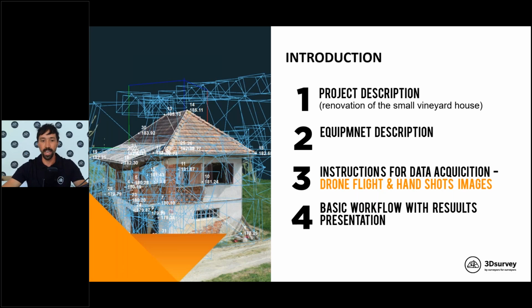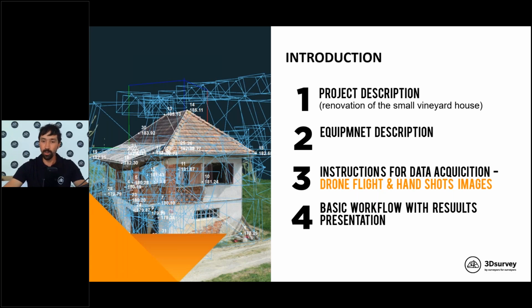In that kind of project, the first step is to capture all the small details. For this project, they need a building footprint, roof dimensions so that they know how much material they will need to renew it, and of course some specific points like the lowest and highest points. But we will see this later on.